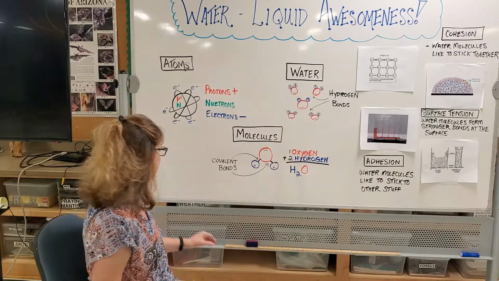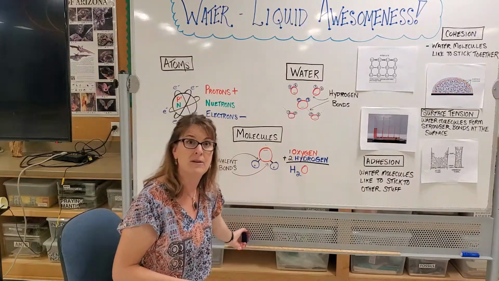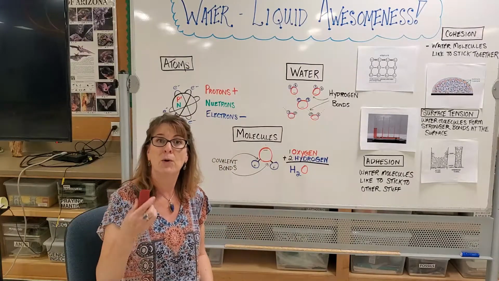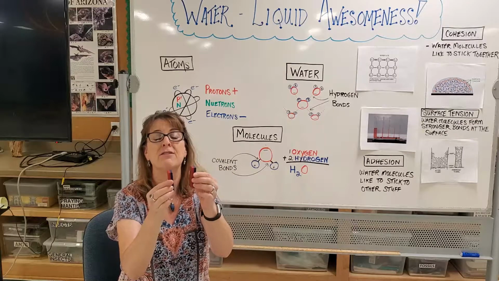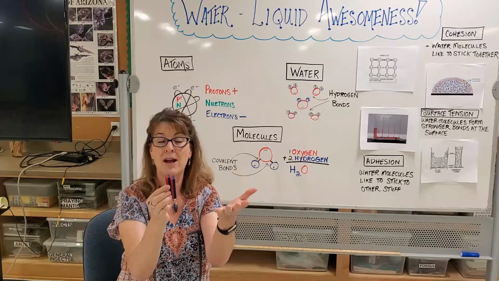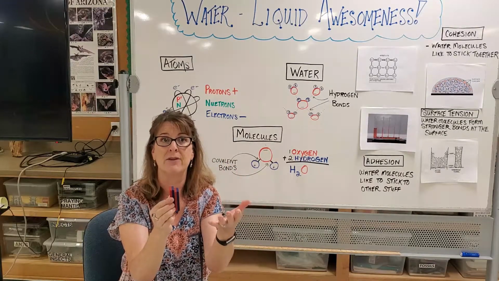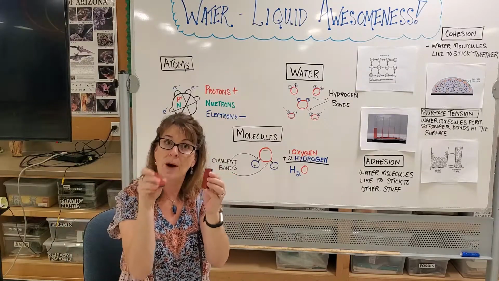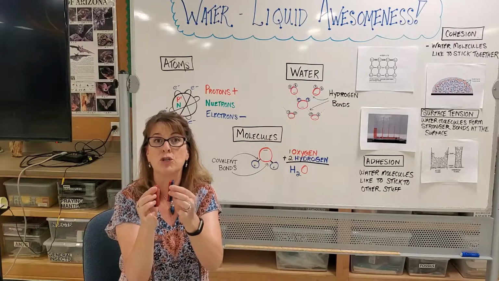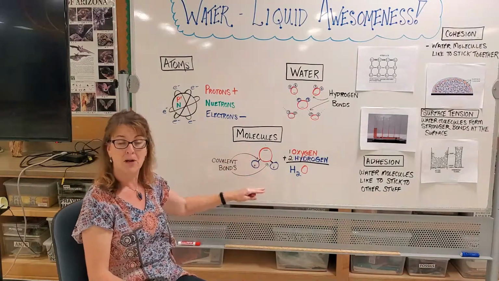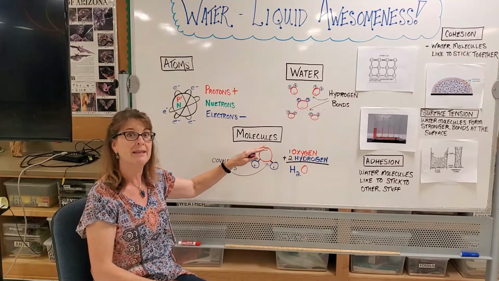What polar means is kind of like in a magnet where you've got a positive pole and a negative pole, and if you put a positive and a negative together, they attract and stick together. But if you try to put two positive poles together, they repel or push apart. And a water molecule is built exactly that way.